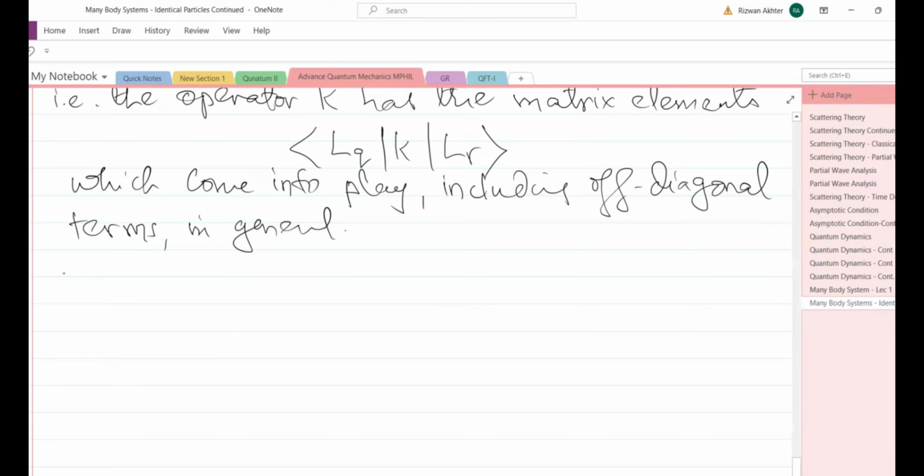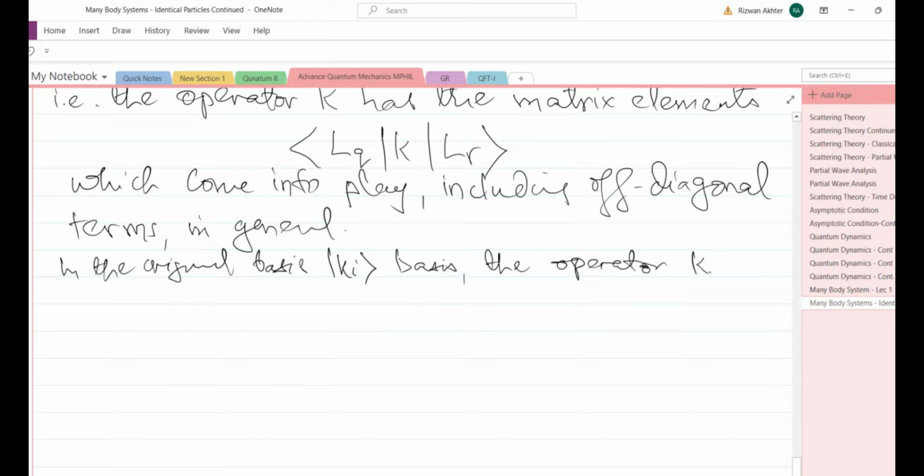So in the original basis, that is in the basis जो हमने बात की थी, then the operator K जो अभी आपने define किया है was supposed to be diagonal.